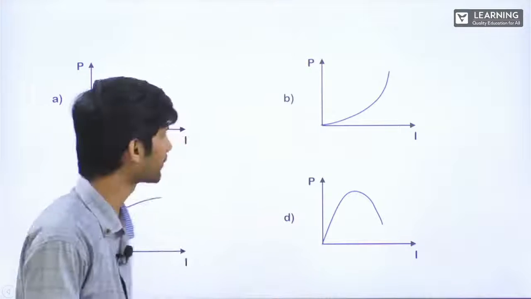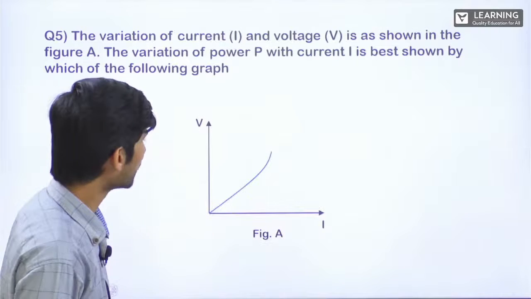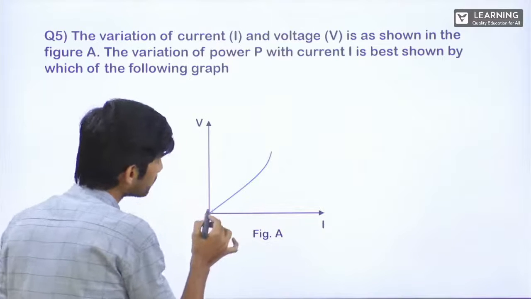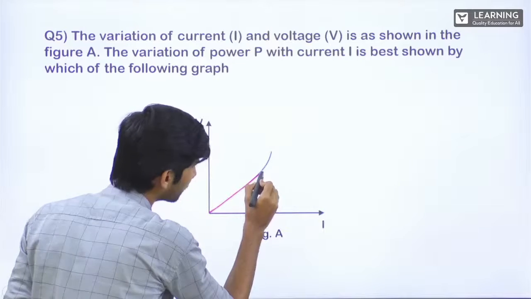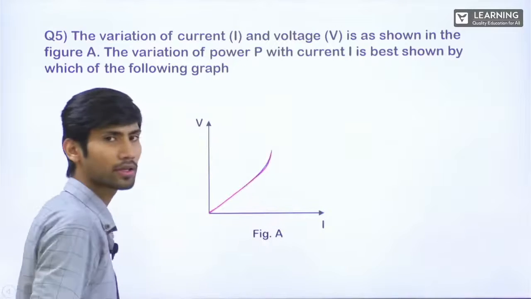Then just match. Alright. See here, V is almost directly proportional to I. Till here it's a straight line. At the end it is curved a bit, right?